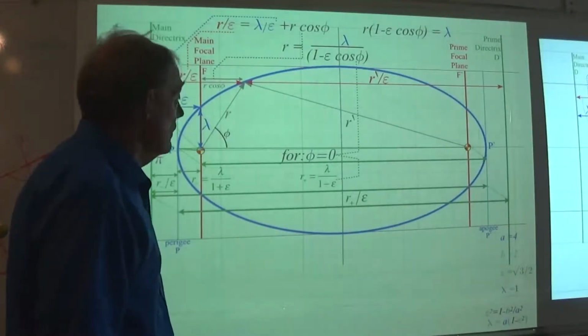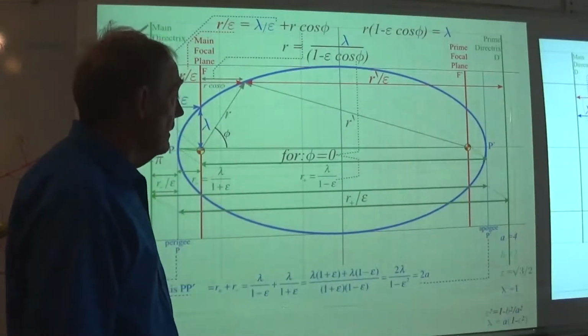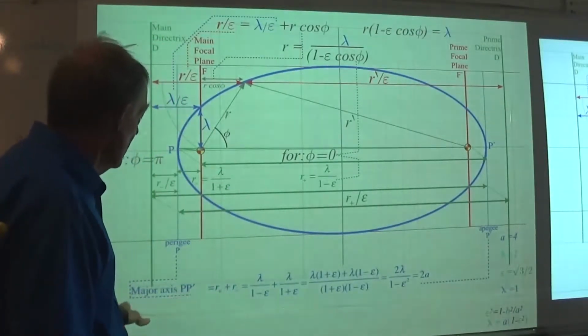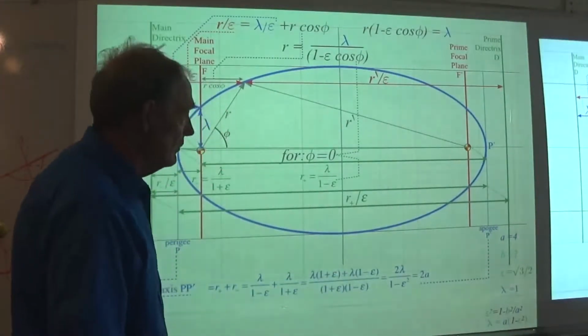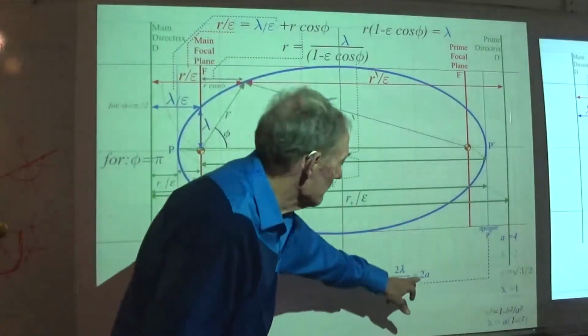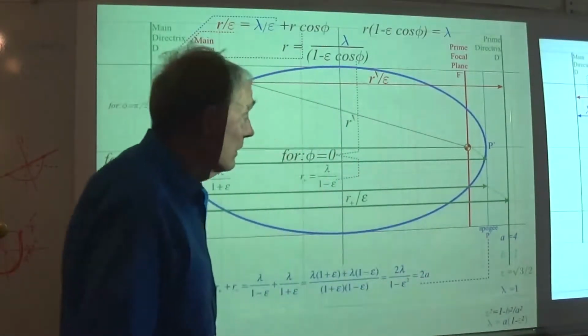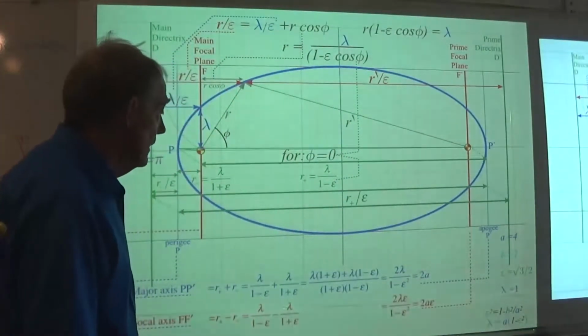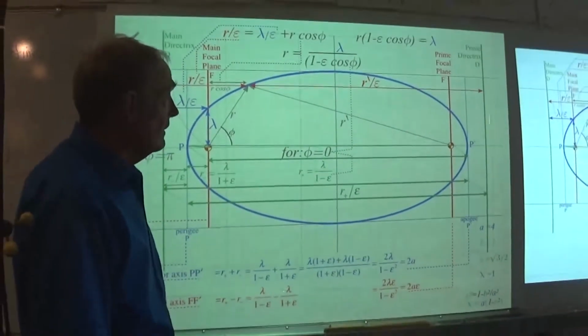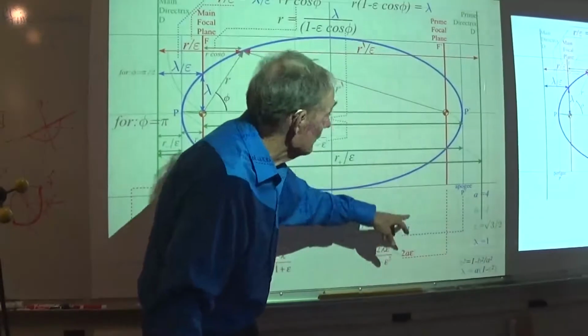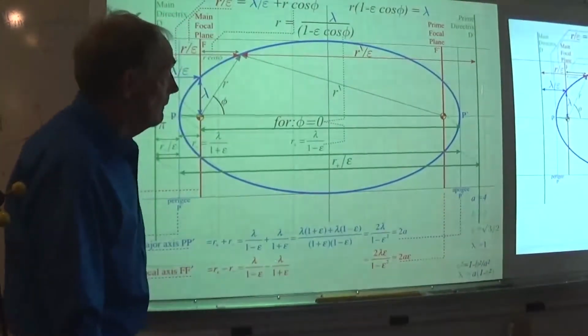So there's all of the relations we've talked about, but they're more exposed here. And here's the sum of the two, and that makes a nice equation for the A in terms of lambda and epsilon.